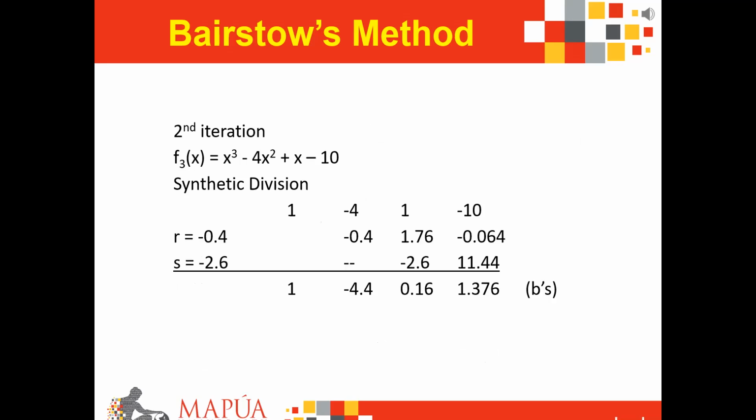Applying now our R to be -0.4 and S to be -2.6 gives us first level quotients with B3 of 1, B2 of -4.4, B1 of 0.16, and the remainder B0 of 1.376.